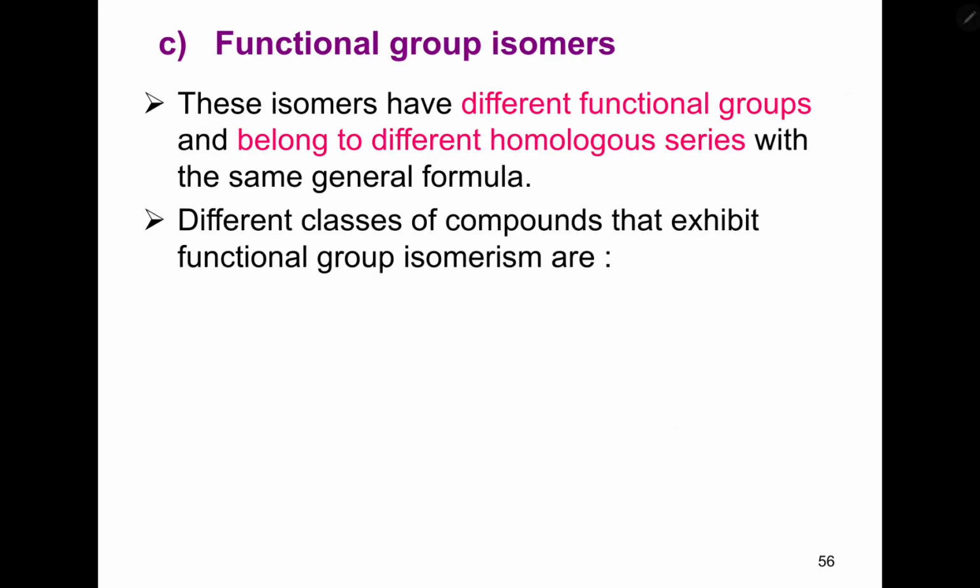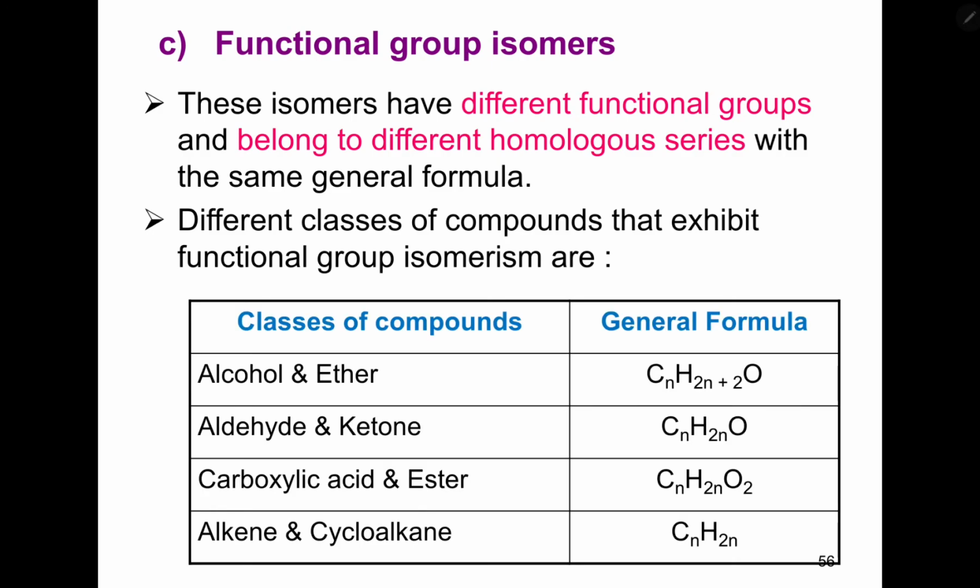The third type of constitutional isomer is functional group isomers. These isomers have different functional groups and belong to different homologous series with the same general formula. Different classes of compounds that exhibit functional group isomerism are alcohol and ether.